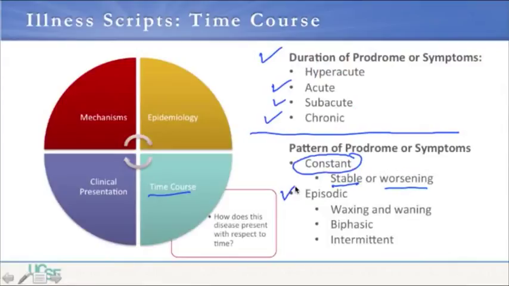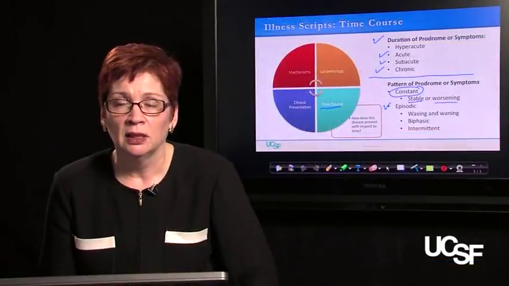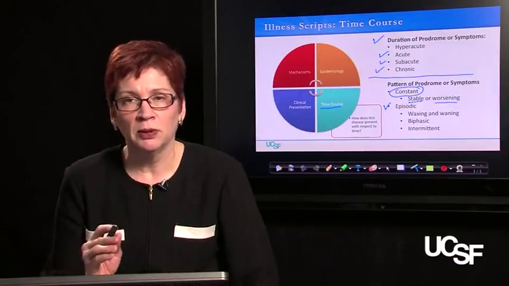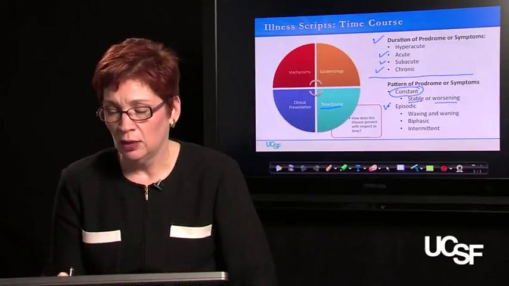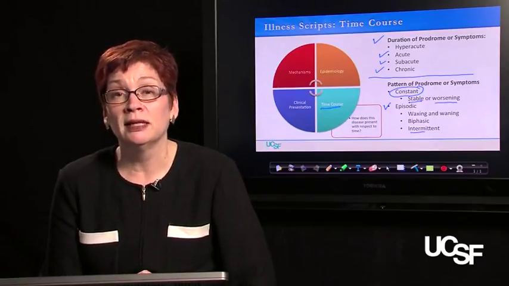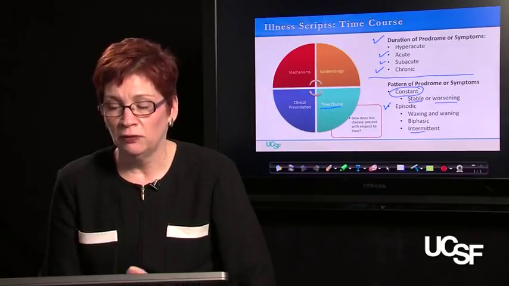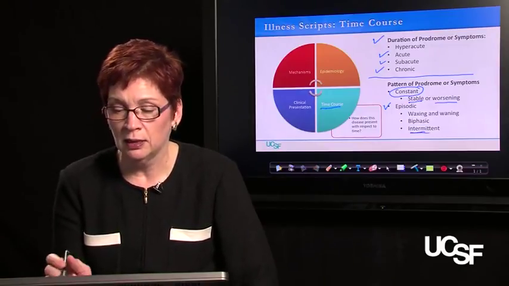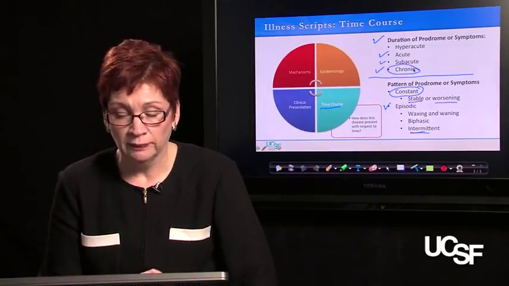It comes and goes. And we use phrases like waxing and waning, or biphasic, meaning it happened 2 weeks ago, there was a period of normality, and then it happened again. Or intermittent. Miss Jones-Hopper, we heard, has had stomach pain that occurs periodically over the past several months. That would be intermittent pain of a chronic nature.